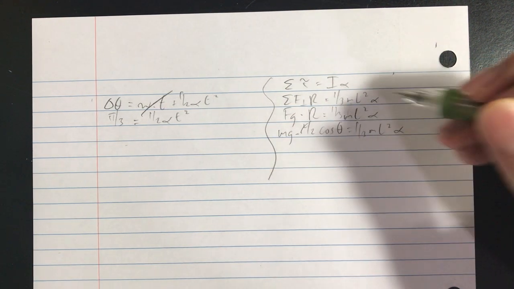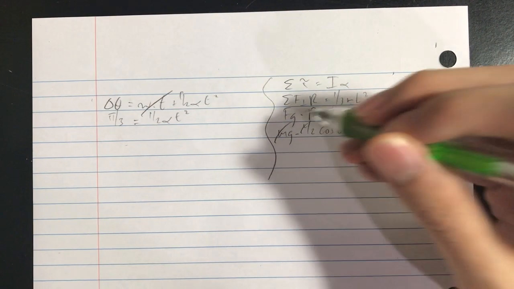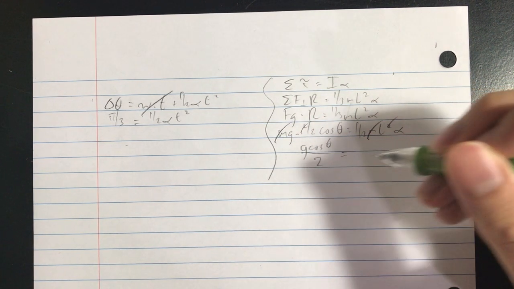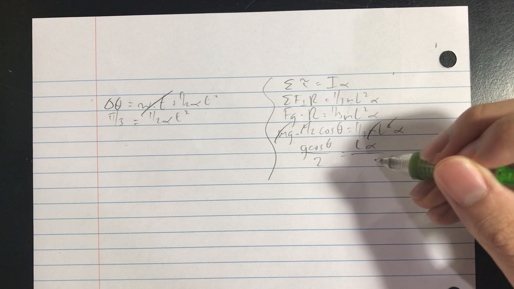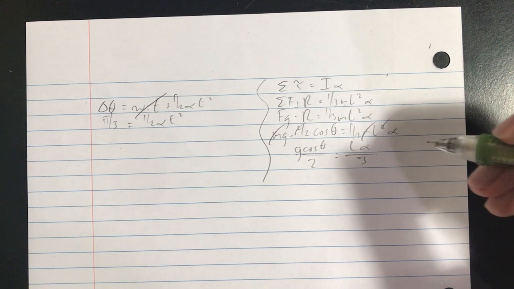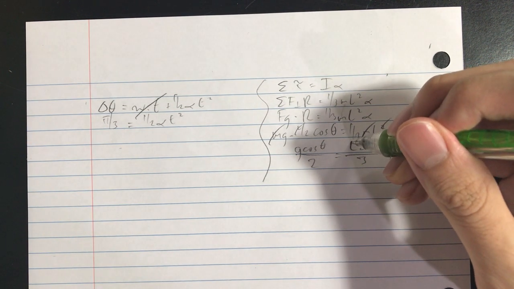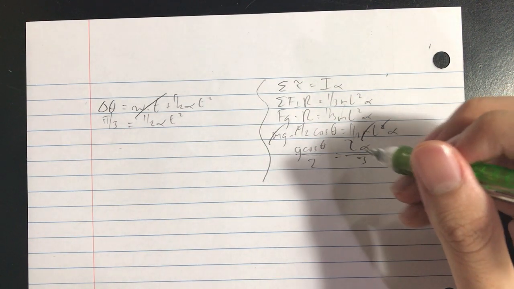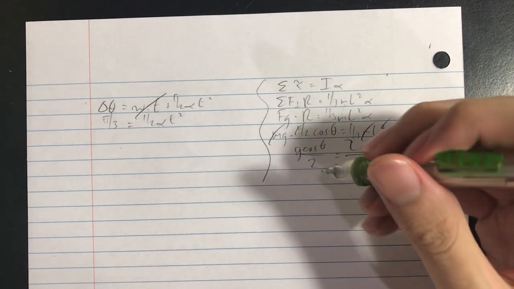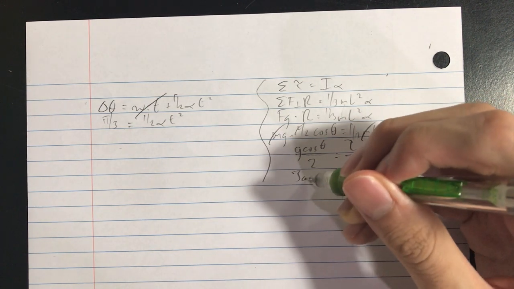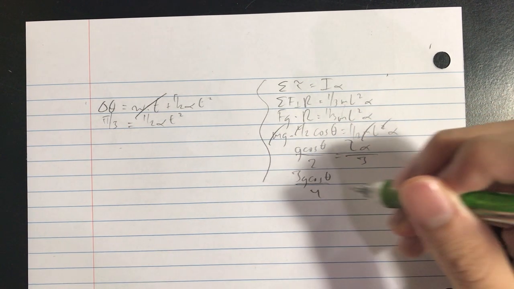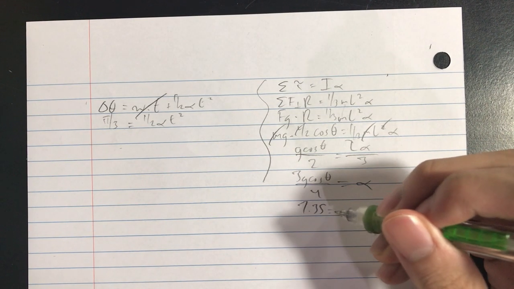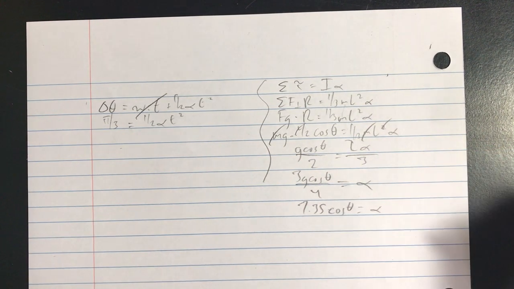We can cross out this L and this L squared, cross out this m and this m, and we get g cosine theta over 2 equals L alpha over 3. And L equals 2 meters. Then we divide both sides by 2/3 and we get 3g cosine theta over 4 equals alpha, which can be simplified to 7.35 cosine theta equals alpha.